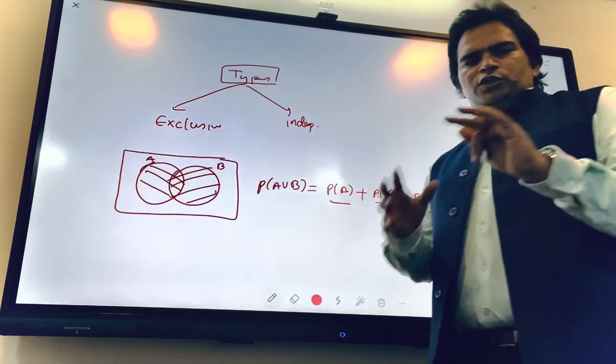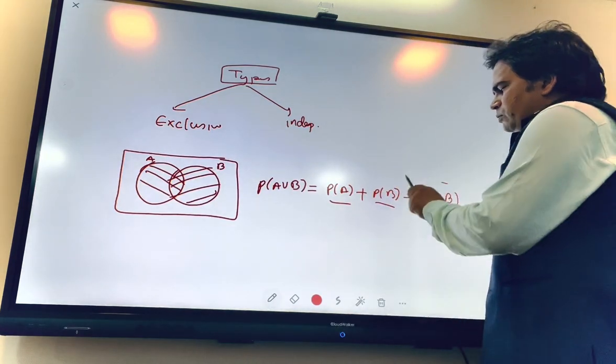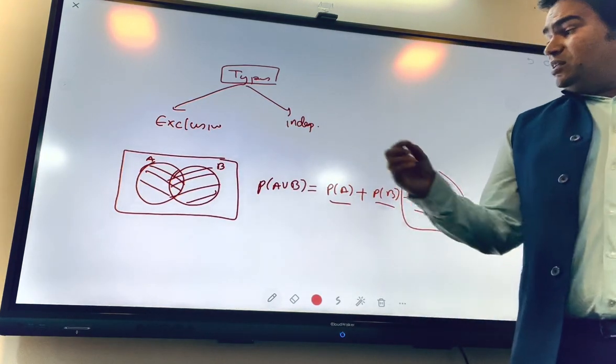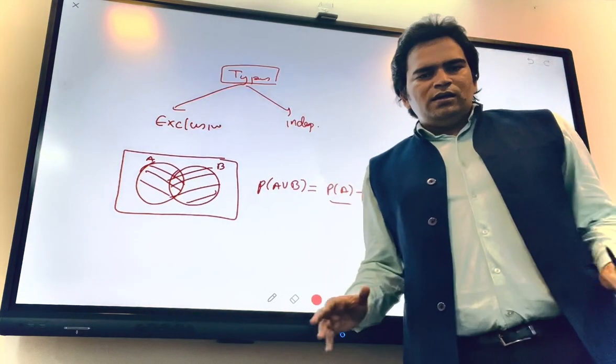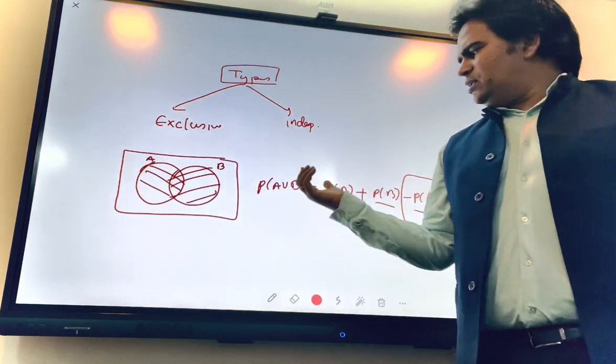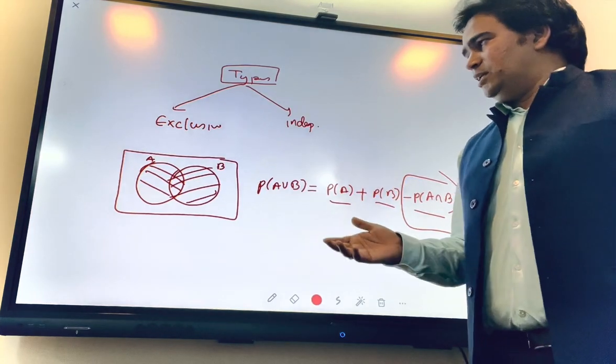So the intersection is counted twice, that's why we subtract it once. This is the general formula for any two intersecting sets, and it is used extensively for both HL and SL.